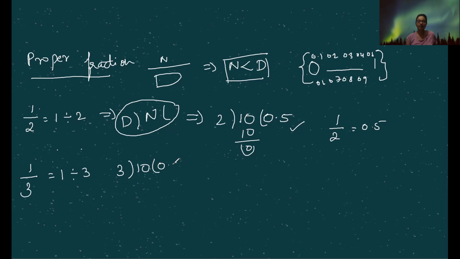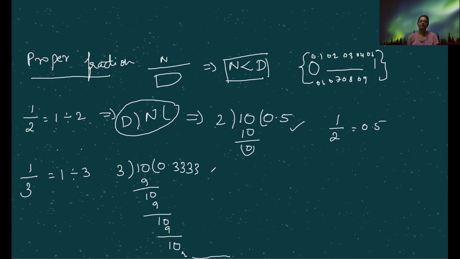Now I'll put a 3 here. 3 3s are 9. Again 1 will come, 0 I put. So again 3 3s are 9. Again 1 is the remainder, so again I'll put a 0. You can put 0 as many times as you want. Again I'll put 3, again 9, 1 will come, 0 I'll put. Again 3, again 9. So this will go on forever.